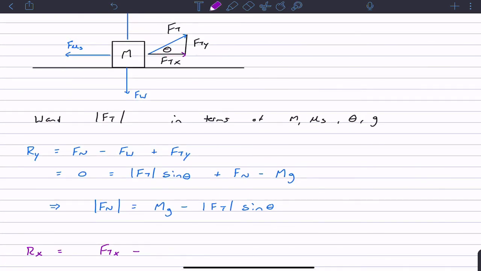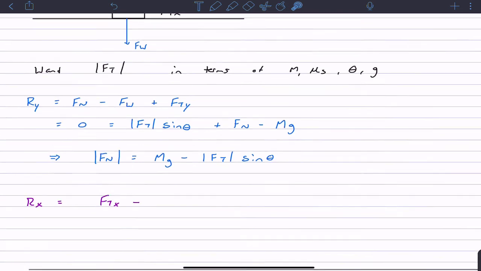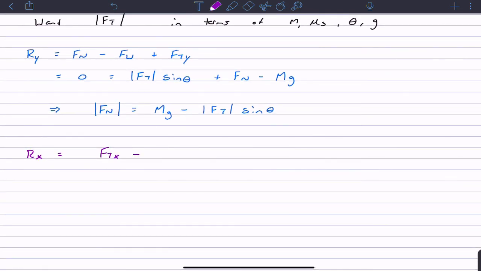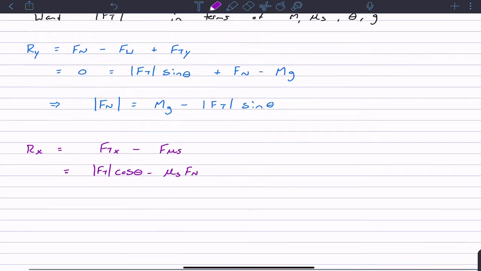This is traveling in the positive x direction, and this is resisting in the negative x direction. So that's going to be negative mu sub s. Let's rewrite that again. So this is Ft cosine theta minus, remember, this is the friction coefficient times the normal force.